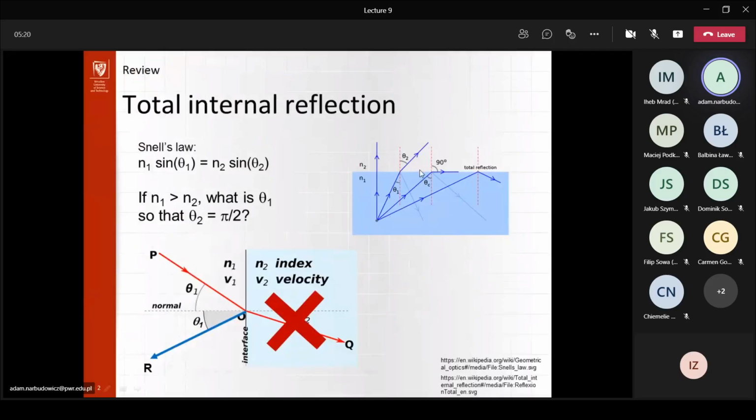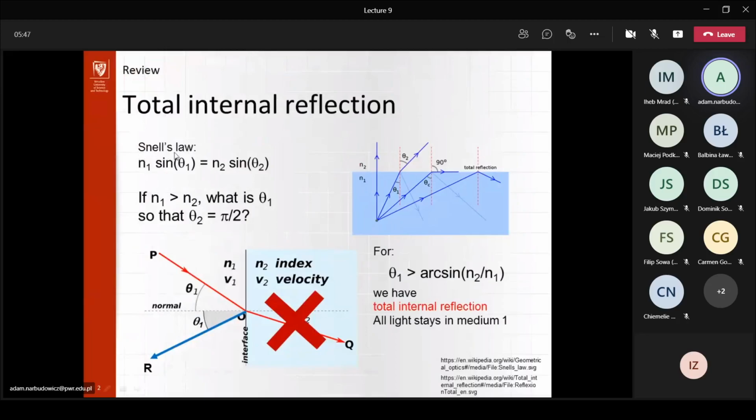However, if we illuminate the boundary between the two at a certain angle, then at some point the refractive angle will be 90 degrees, which basically means that there will be total internal reflection, or to put it more plainly, that the wave will be sliding along the boundary between the two materials, if you can imagine.